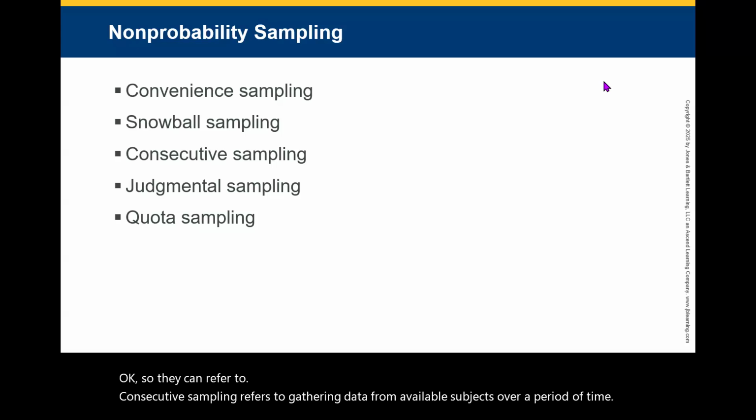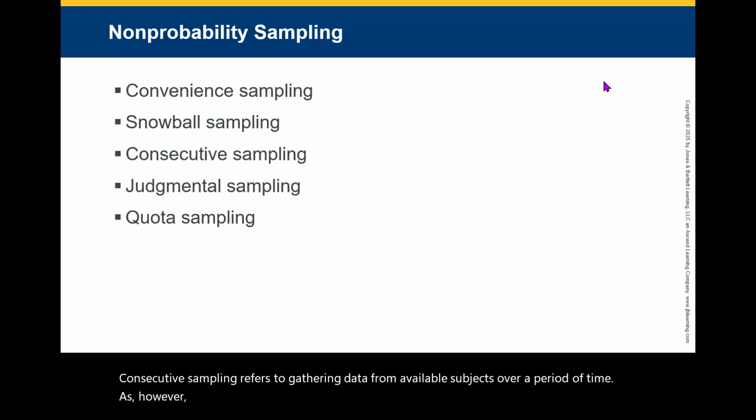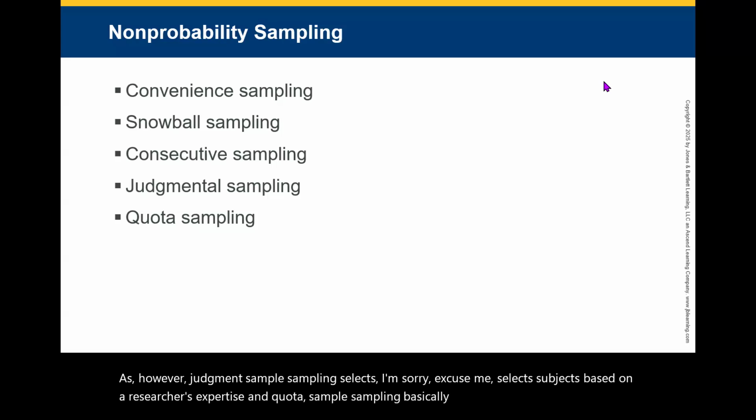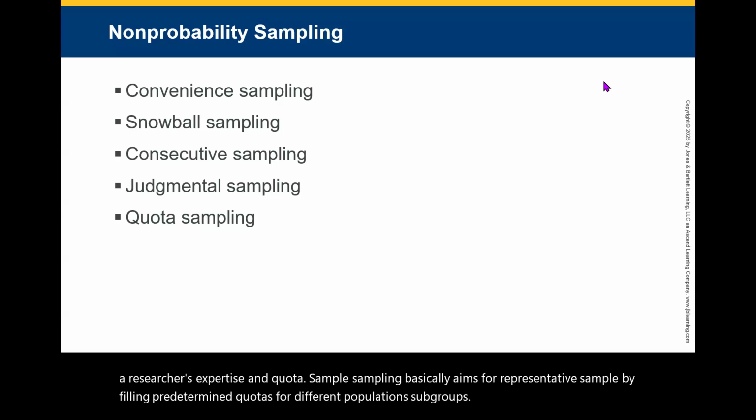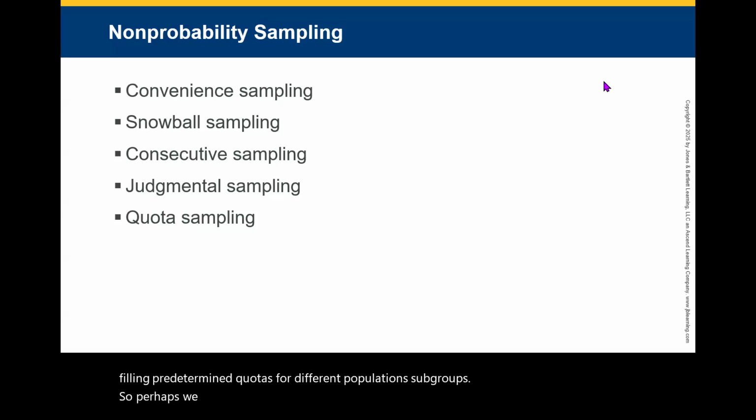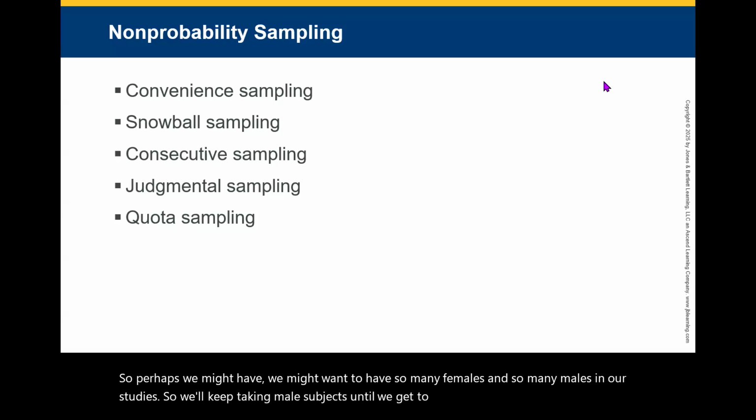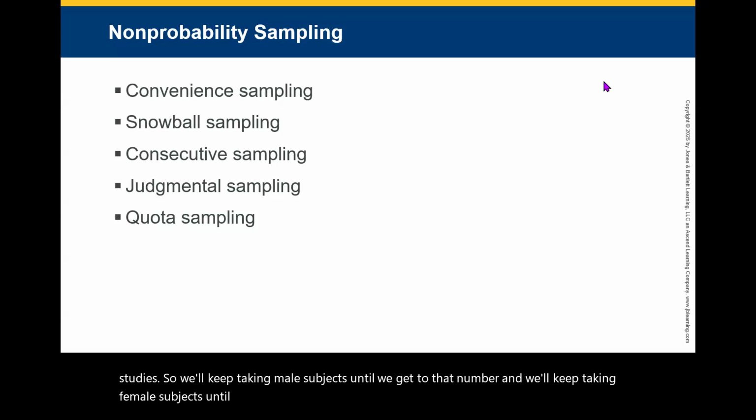However, judgment sampling selects subjects based on a researcher's expertise, and quota sampling basically aims for a representative sample by filling predetermined quotas for different population subgroups. So perhaps we might want to have so many females and so many males in our studies. So we'll keep taking male subjects until we get to that number, and we'll keep taking female subjects until we get to that number. Okay.